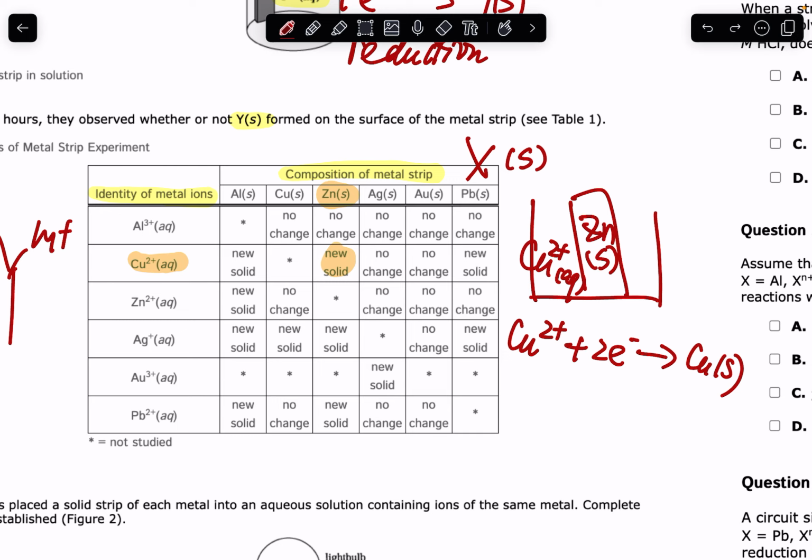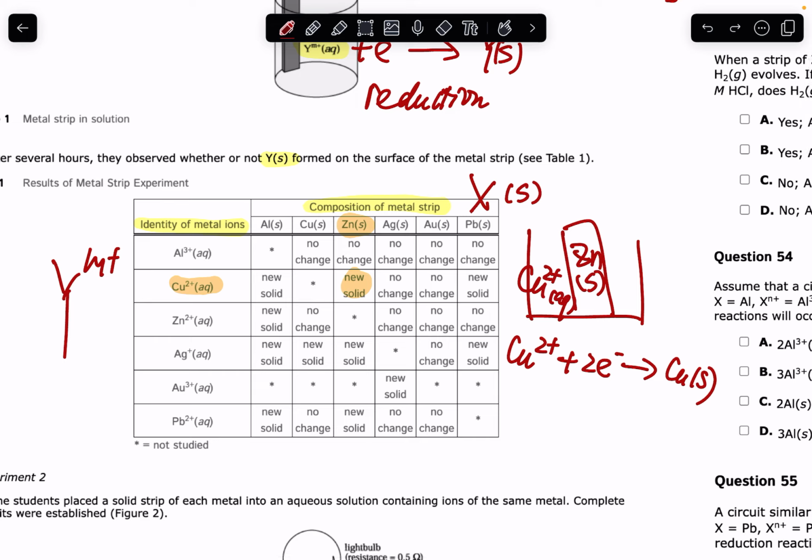And then zinc, on the other hand, is the one that's getting oxidized, or I can say zinc has a higher oxidation potential than copper. Okay, so that is the information I can extract from this table, but I'm just doing this one example for you to get a general understanding of the table. We're definitely not digging into every single square to do the comparison to see which one has a higher reduction potential, which one doesn't.